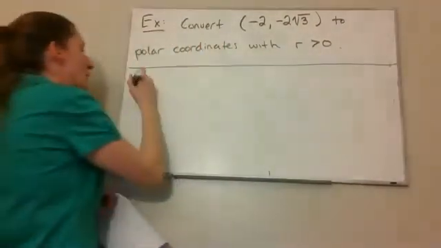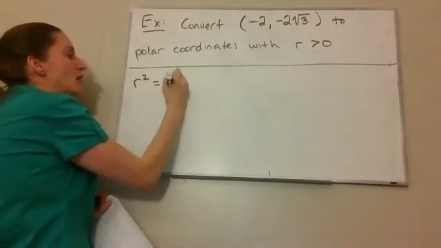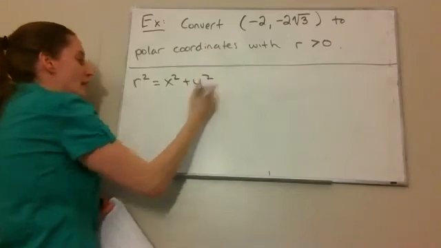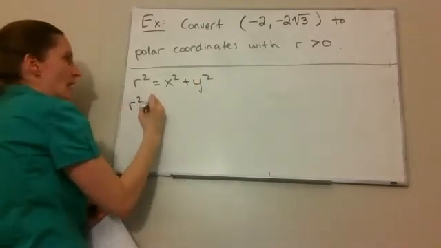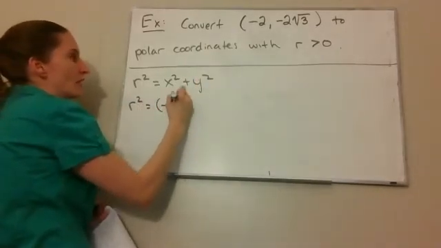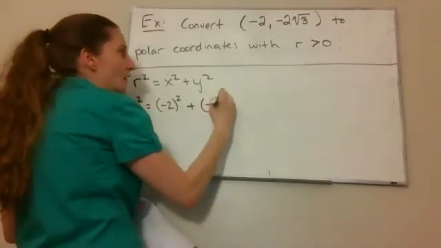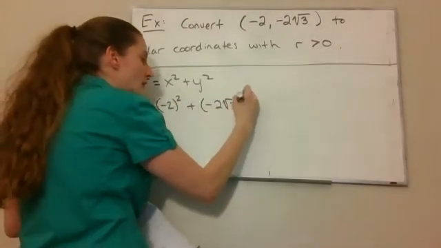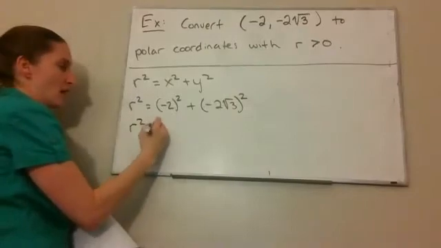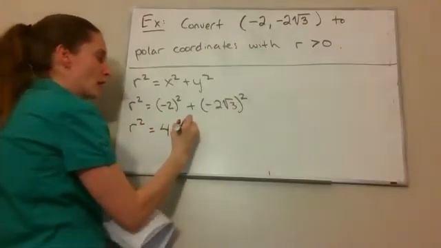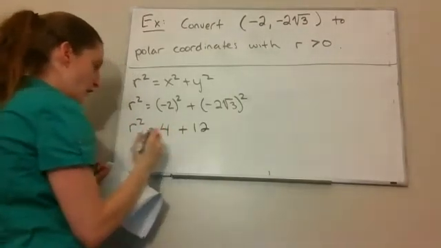We know from our formulas that r squared is equal to x squared plus y squared. So my r squared is equal to (-2) squared plus (-2√3) squared. r squared is 4 plus 12.